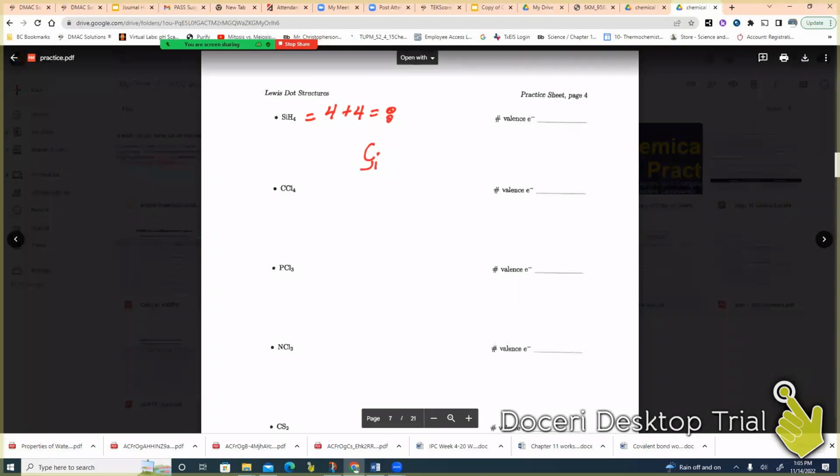My third step is attach everything with just a single bond. All right. I have 4 bonds, so that is 8 electrons. So I don't have any electrons left. Had a problem on this one, or is that a good structure? Good structure, right? The only thing that needed an octet was the silicon, and it has 4 bonds. 4 times 2 would give me its 8.